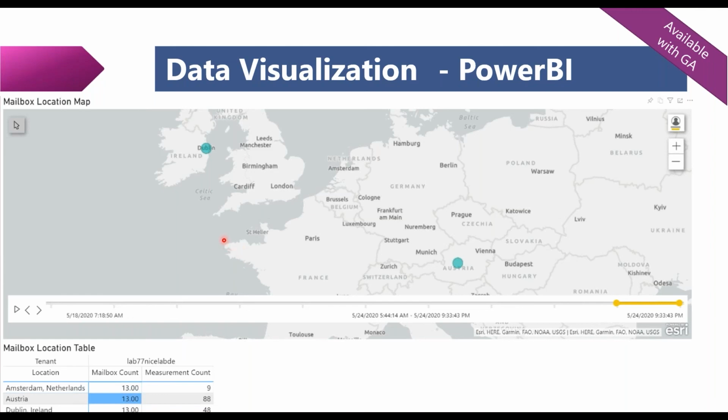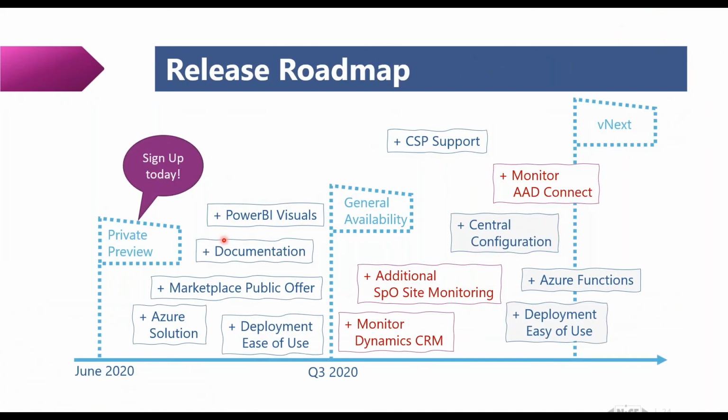All right, so we're coming towards the end of our presentation. The last slide, but probably one of the most interesting slides, is the release roadmap. Currently we are right over here at the private preview. So sign up today. You can either just answer any of the mails from the registration you got, submit the request via our website, or in the end, I also provide contact details on the slide set here.